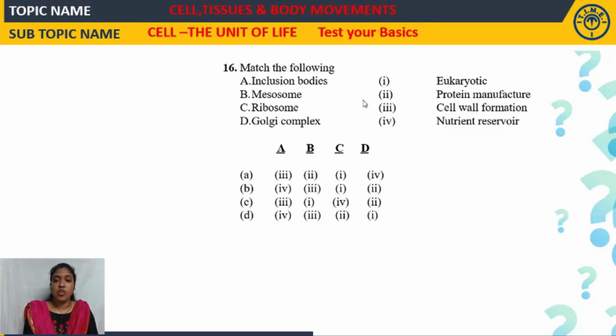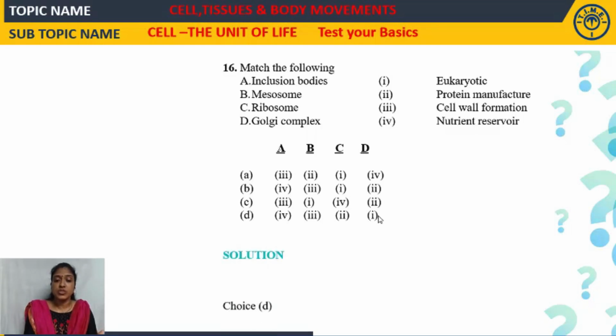Our order will be 4, 3, 2, 1. Like this, isn't it? We can check which option contains that order. It's not A, not B, not C, it is D, which is the correct option, having the order 4, 3, 2, 1. Is that clear?